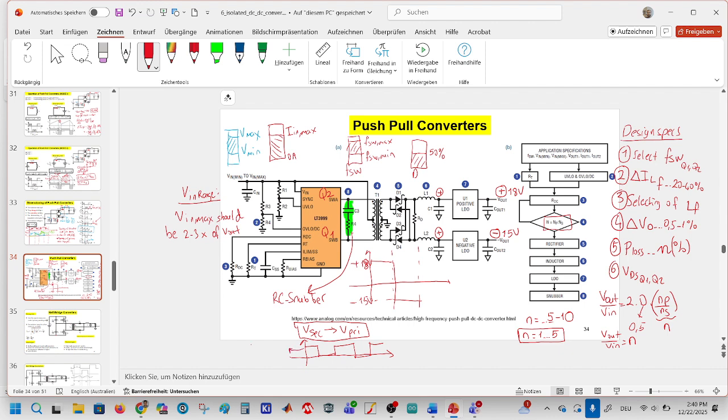And the secondary voltage is actually the input voltage times the turns ratio. You apply a square wave here, and you need a rectifier, and you filter the output voltage, with less voltage ripple and less current ripple, and you have here a perfect DC voltage at the output.